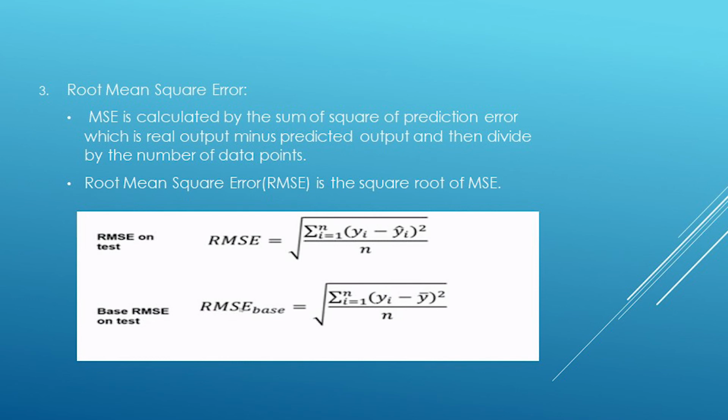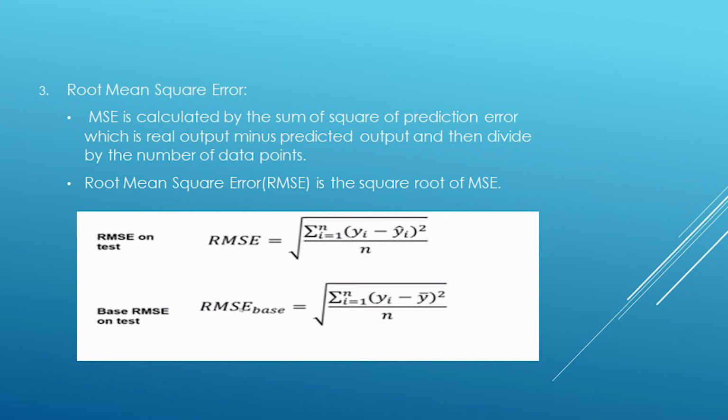As you can see, the formula for RMSE on test data is: yi, the real output, minus yi hat, the predicted output, the whole square divided by n, the whole root.